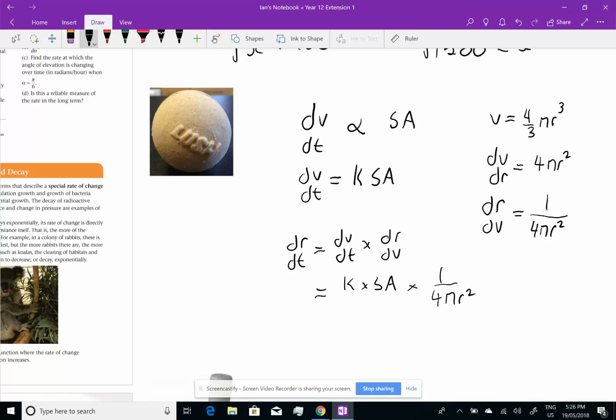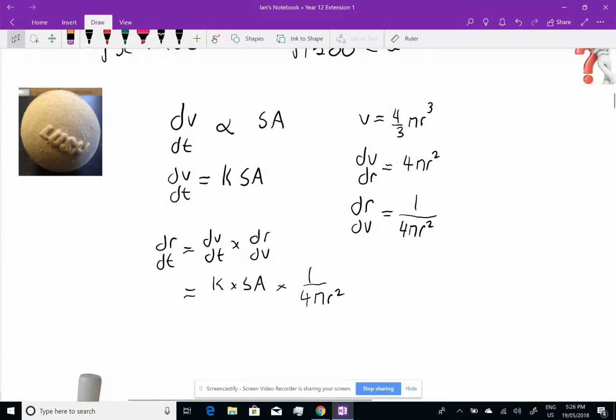Well, we haven't got the surface area yet. The surface area is 4 pi r squared. Now look at that. You can almost see that it's going to be a constant. The surface area of a sphere.